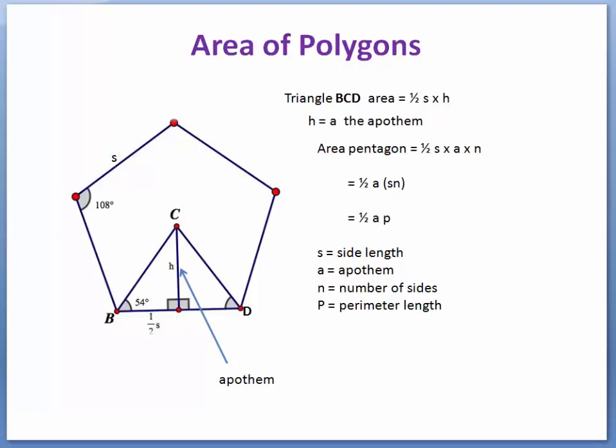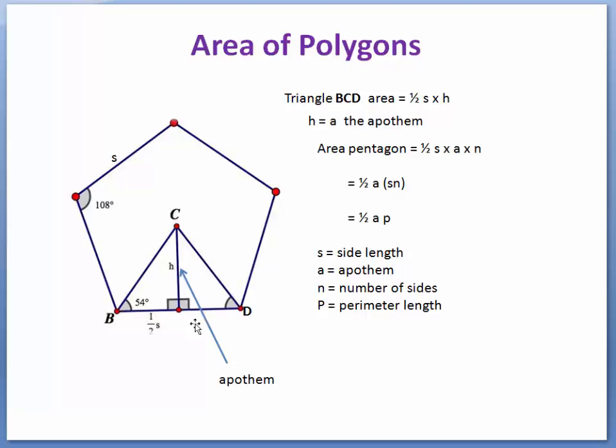The apothem comes in useful when we're working out the area of polygons. So we split the polygon into triangles. So triangle BCD has an area half of S, S being the length of one side. So area of a triangle, half the base times the height.